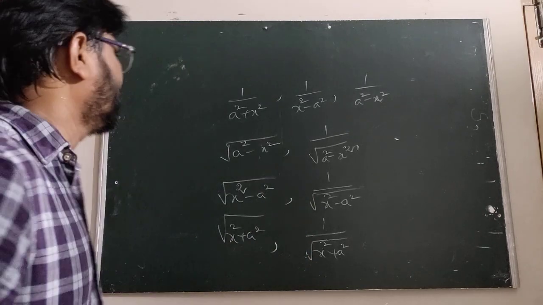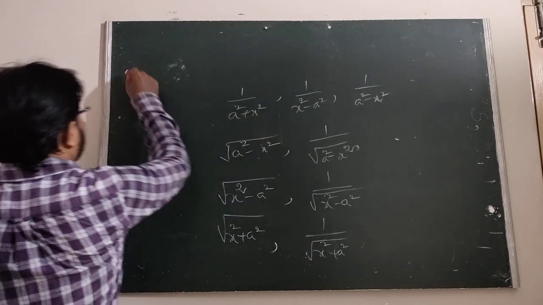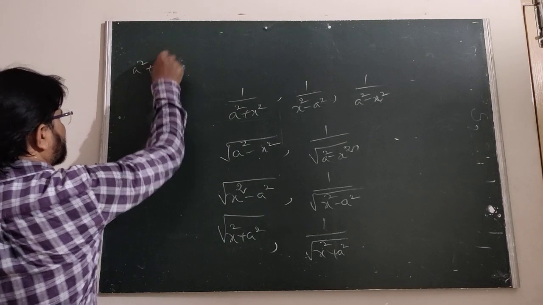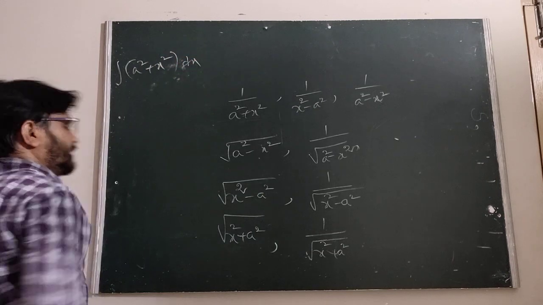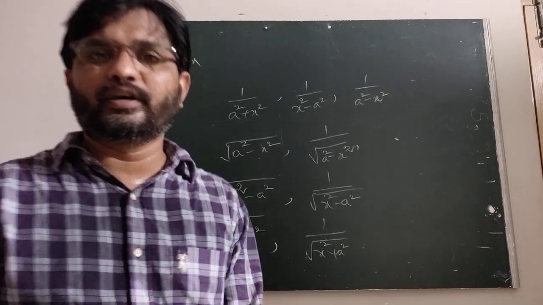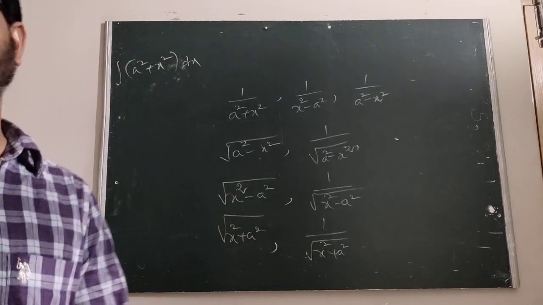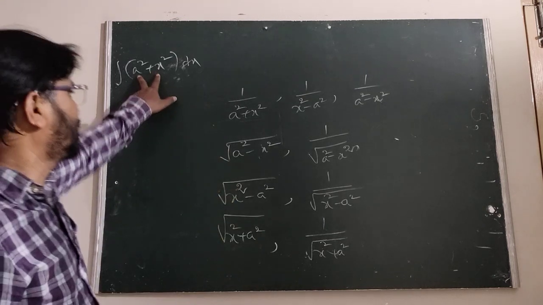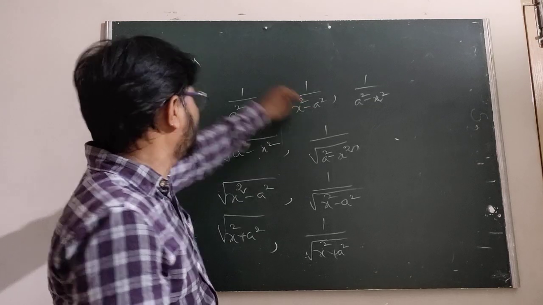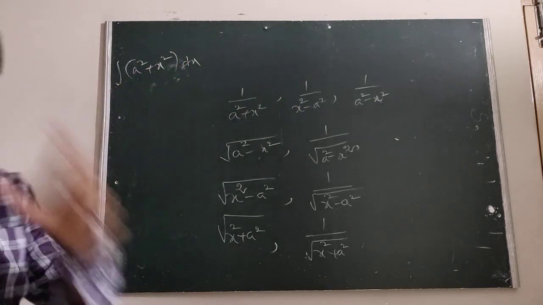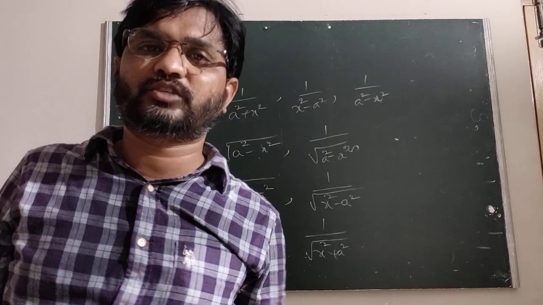But we are thinking, suppose here there is a square plus x square. This is not a formula. These are the 2 terms. Integral of a square plus x square, how to evaluate this one? This is compared with f plus g, but this is not an f plus g, and not an f minus g, but here we have the algebraic sign between a square and x square.